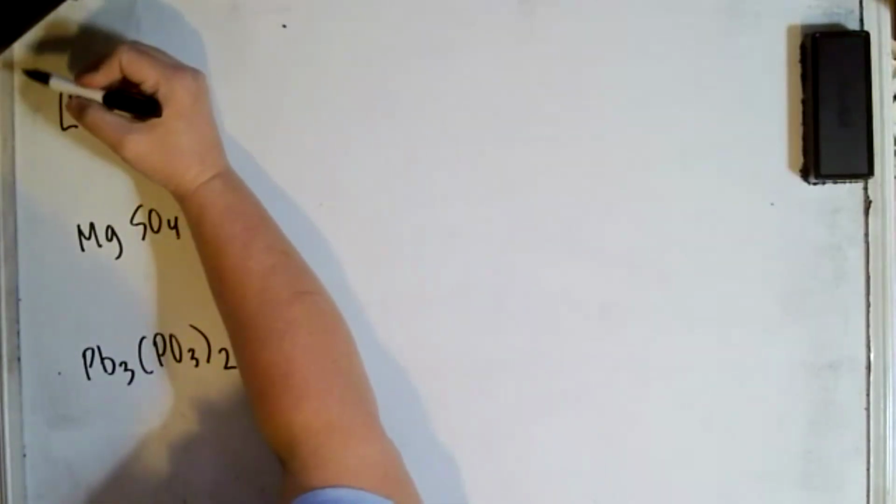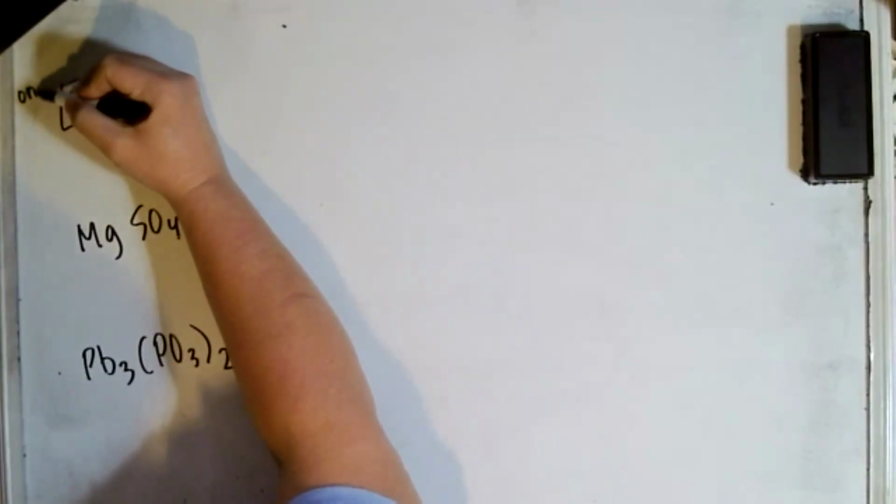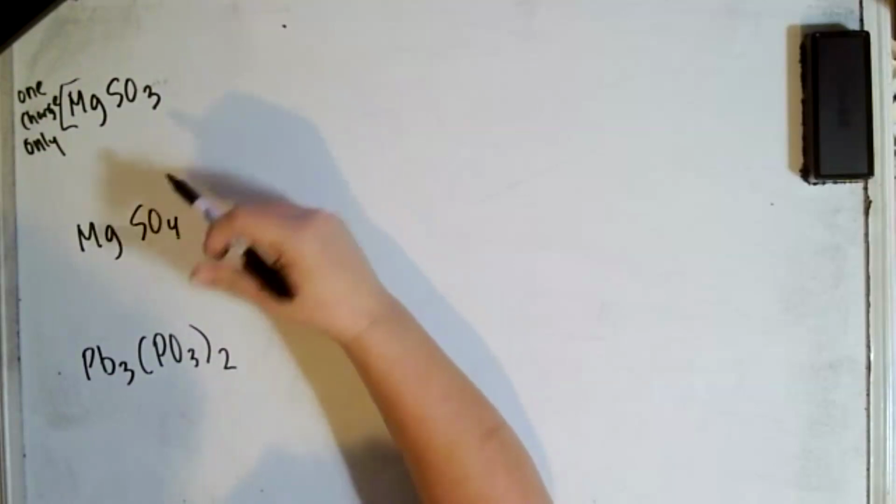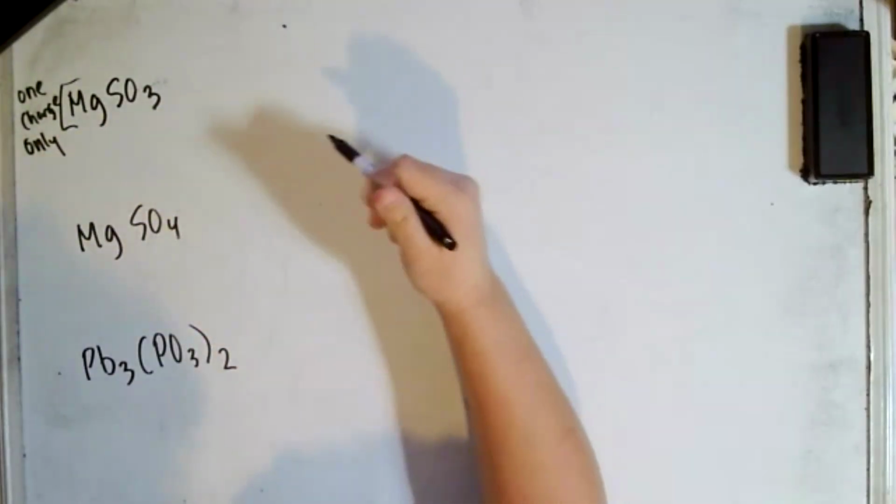Magnesium is in group 2A, so it's going to have one charge only. It's always going to be a +2 charge. And that means that we do not have to worry about including its charge in the name.